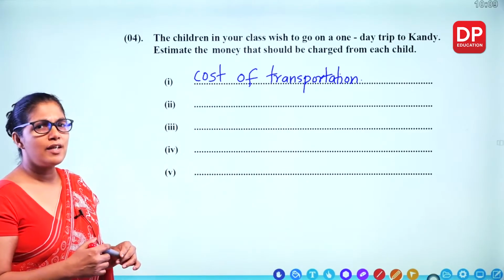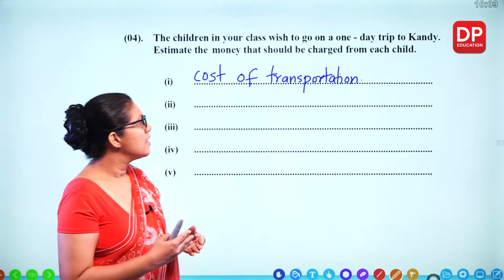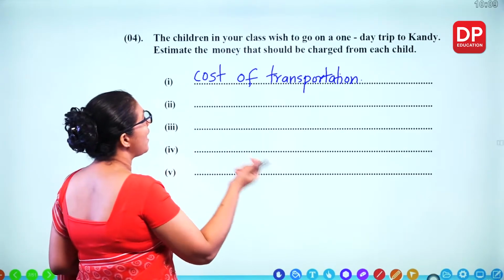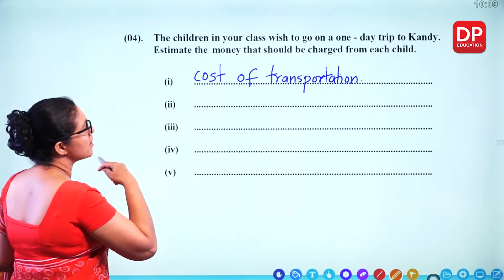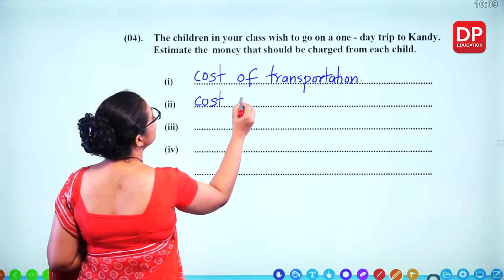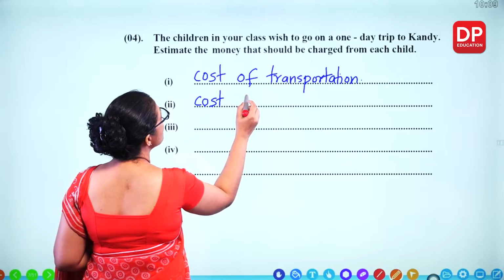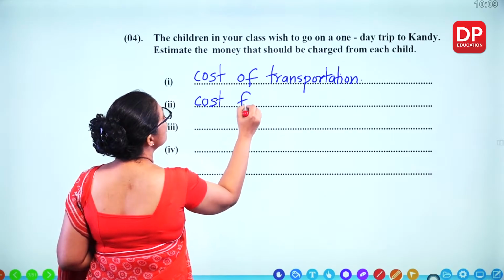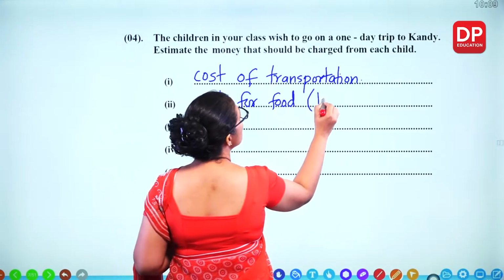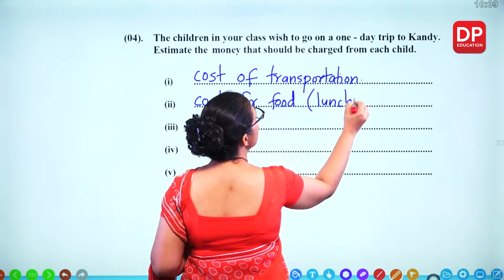Then next, you need to find out the cost for lunch. So where you are going to buy your lunch packets. So cost for food, especially lunch, because this is a one-day trip.